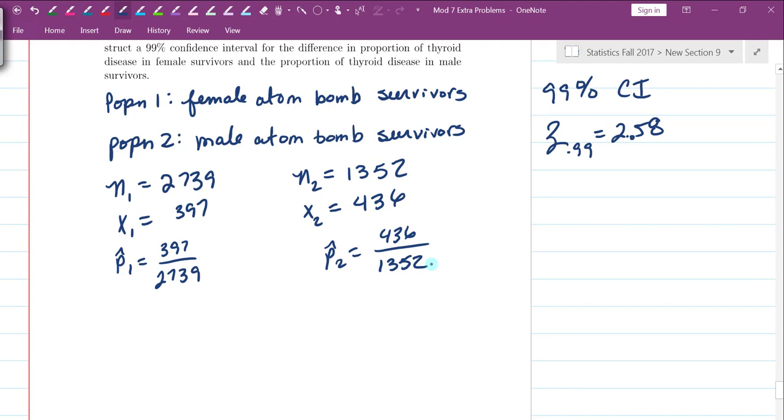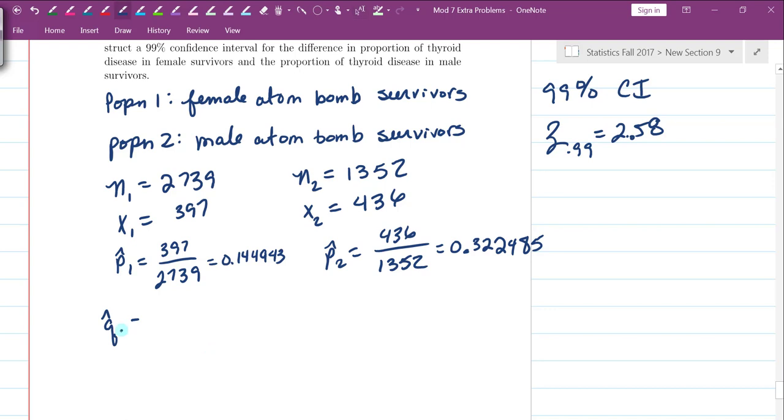Let's just see what this calculates. 397 divided by 2739 is equal to 0.144943, and 436 divided by 1352 is equal to 0.322485. There we go.